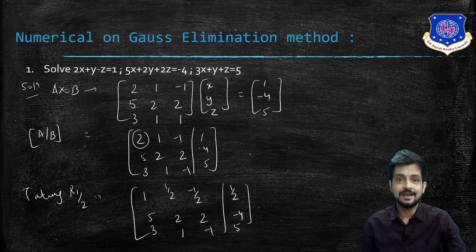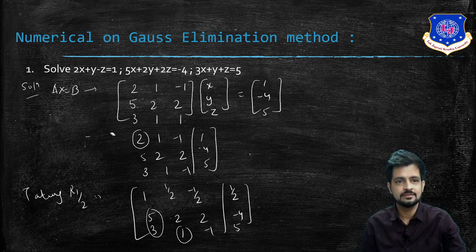Okay, what is our next step? Our next step is to convert this augmented matrix into upper triangular form. So these three elements we have to make 0. How can I do this? Using this R1 we have to do this. I am erasing the upper matrices.